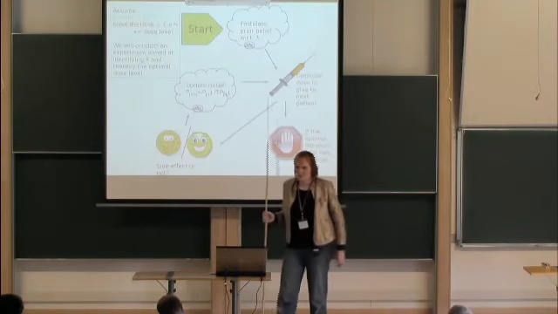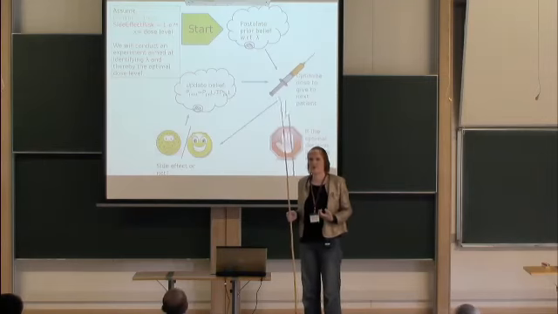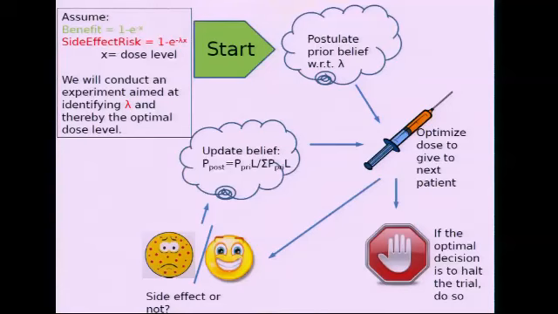Okay, so for the purpose of this talk, I will assume that the benefit function is known, and maybe that's a little weird thing to assume for a phase 1 study where we don't know anything about benefit at all, but it may not be so unrealistic because typically we don't learn anything about benefit during the phase 1, so we may as well just fix the benefit function to whatever our prior belief is, and that belief will not change.